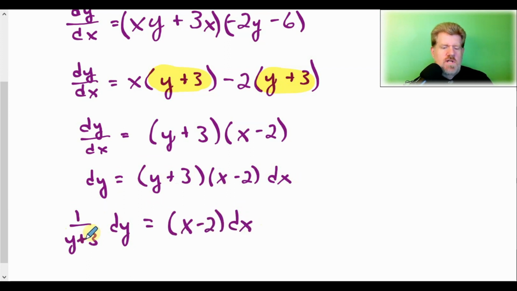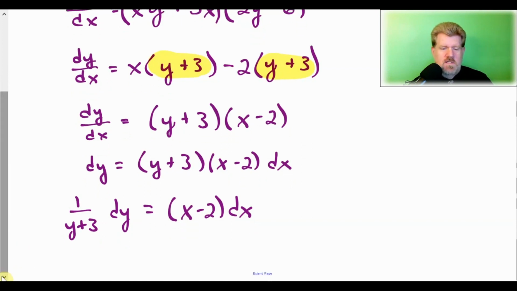Would you say separated? And hopefully yes, because they are. All right. So now we can integrate it. What's the antiderivative of 1 plus y over 3?